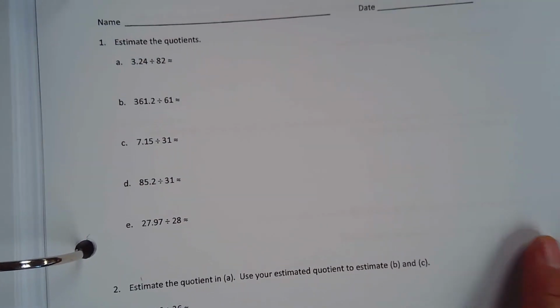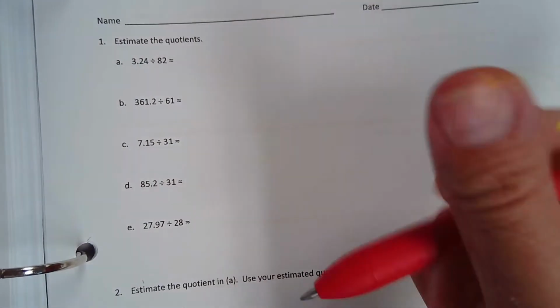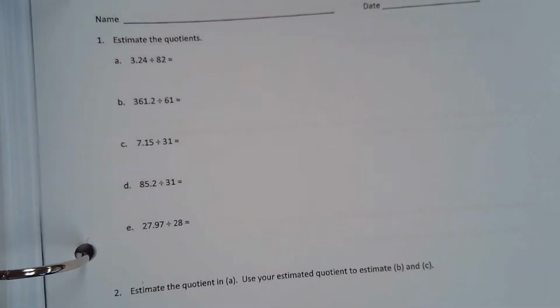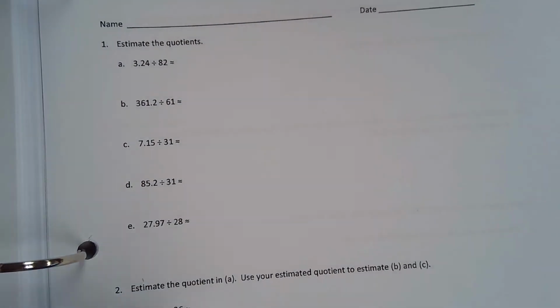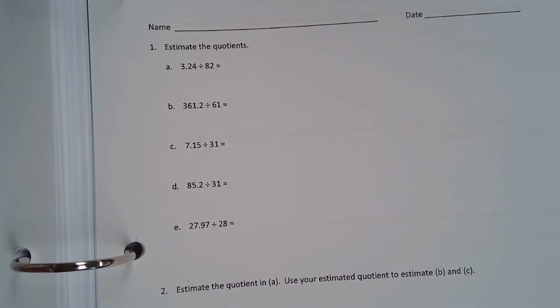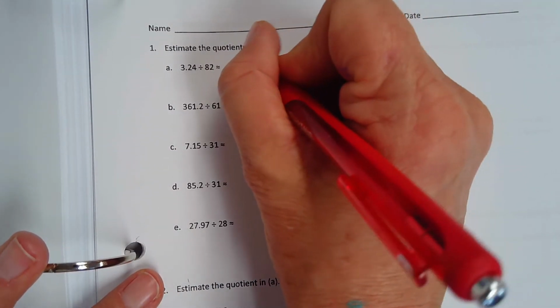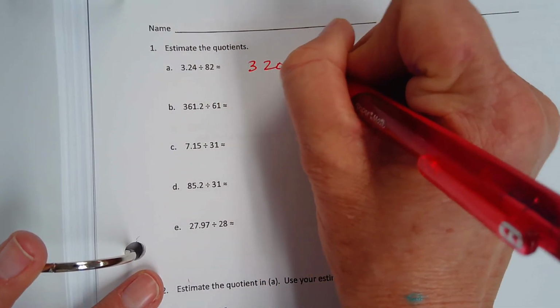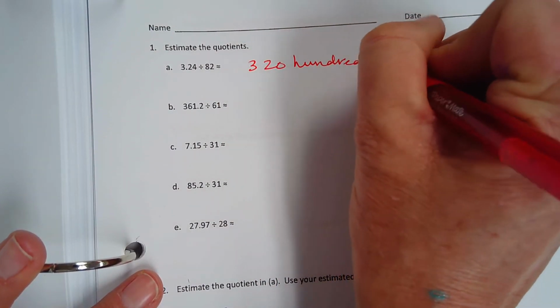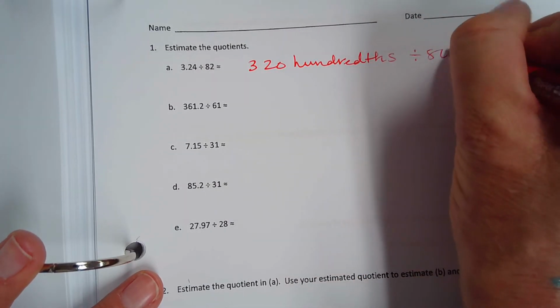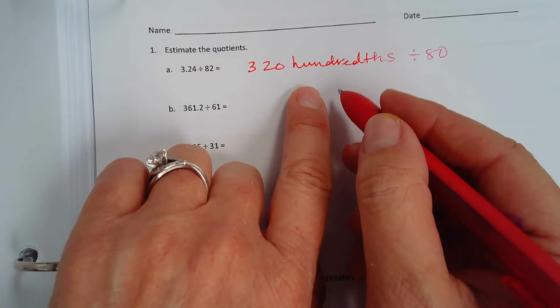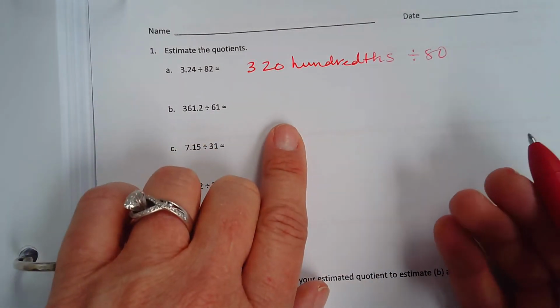Okay? Now, for problem set today, let's take a look. So, problem set, you're just going to estimate. Find your way. Find your way that works best for you. Now, for instance, if you are a 320 hundredths divided by 80 kind of person, then just solve this way.